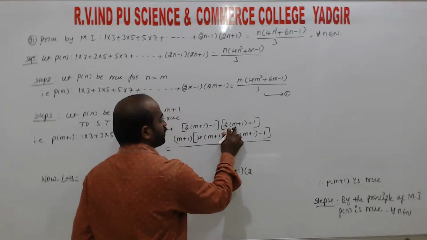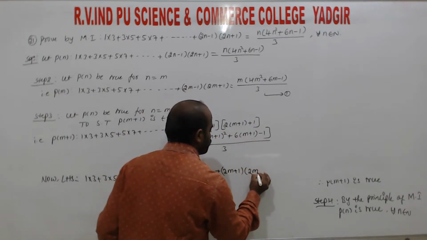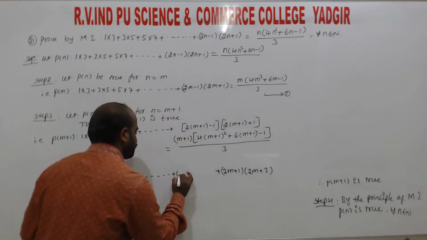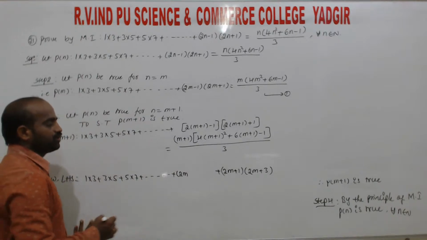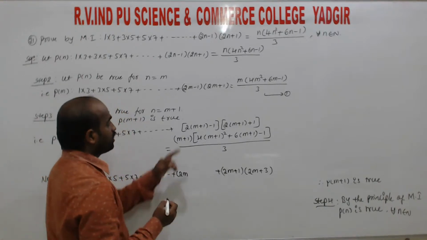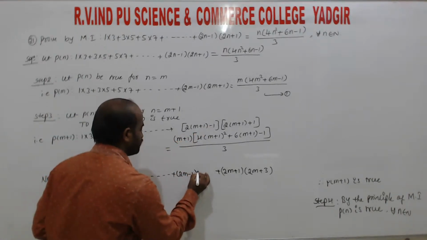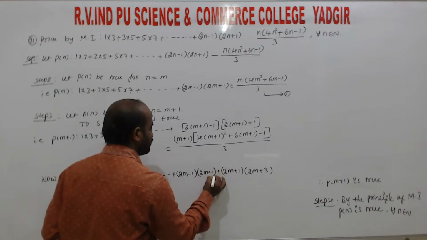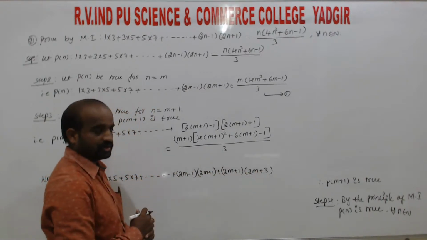Next, 2 into m, 2m, 2 into 1, 2, 2 plus 1, 3, 2m plus 1. The previous term is 2m minus 1. Okay, 2m plus 1 previous term, replace m with m minus 1 as it is. Next, 2m plus 1, 2m plus 1, 2m plus 1.